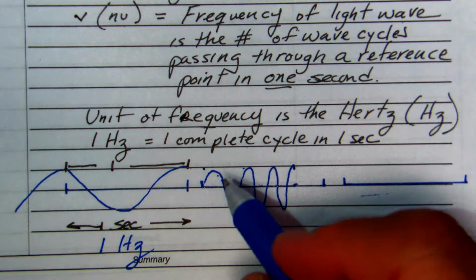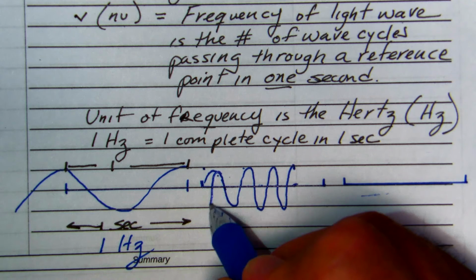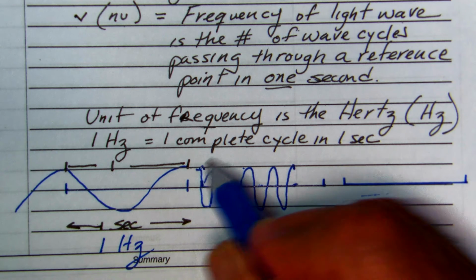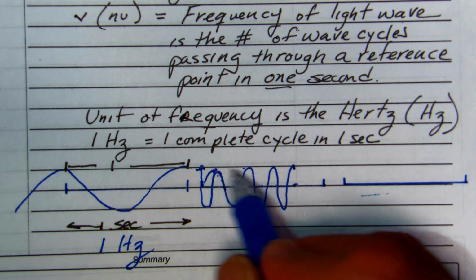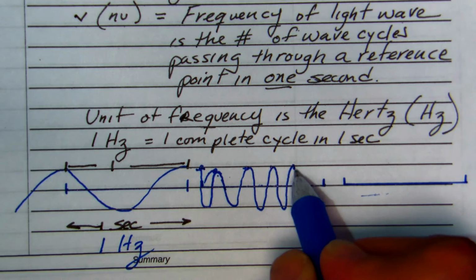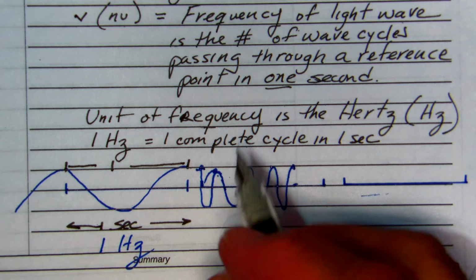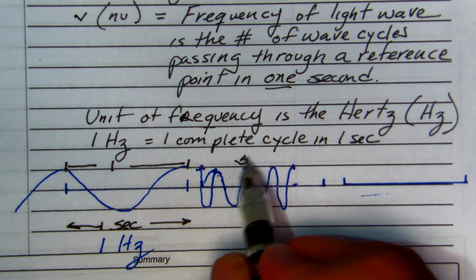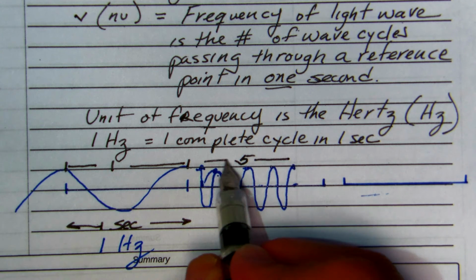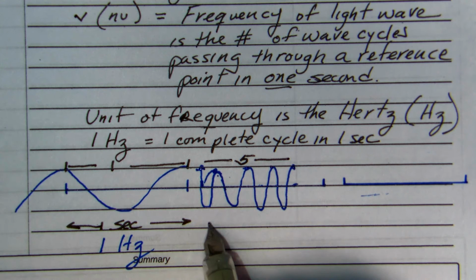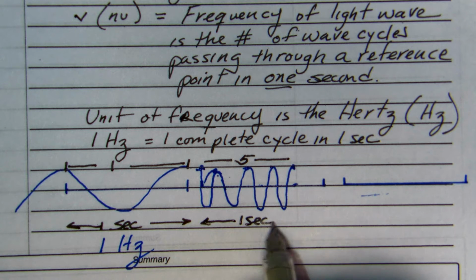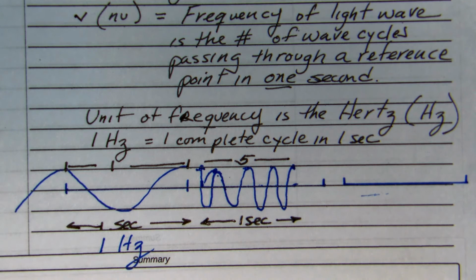Actually, I can correct that like that. So this would be 1, 2, 3, 4, 5. 5 waves have gone through crest to crest, still in the given 1 second. So this one would be the 5 hertz frequency.